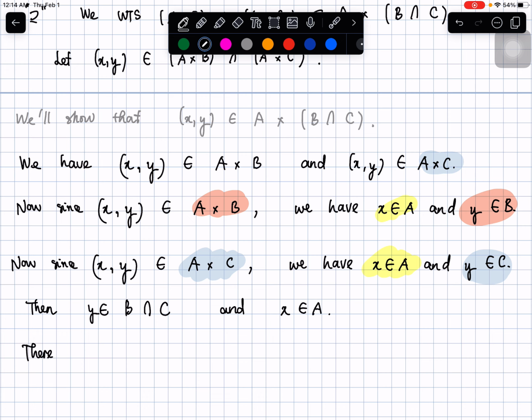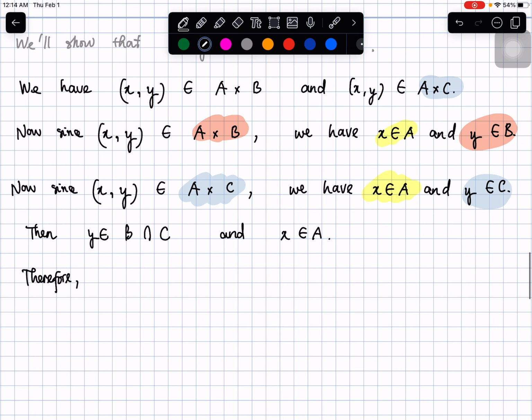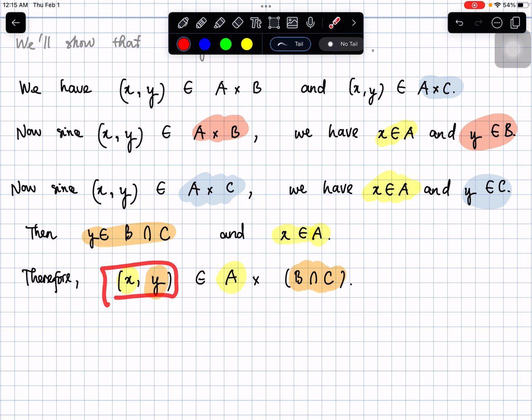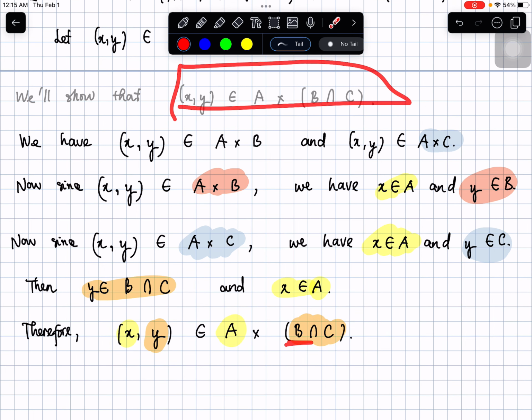Therefore, by definition of Cartesian products, the ordered pair x comma y is in A cross (B intersect C). Does this make sense? The first one in the ordered pair belongs to A. The second one in the ordered pair belongs to B intersect C. So this means that this ordered pair x comma y must be an element in A cross (B intersect C), which is exactly what we need to show.